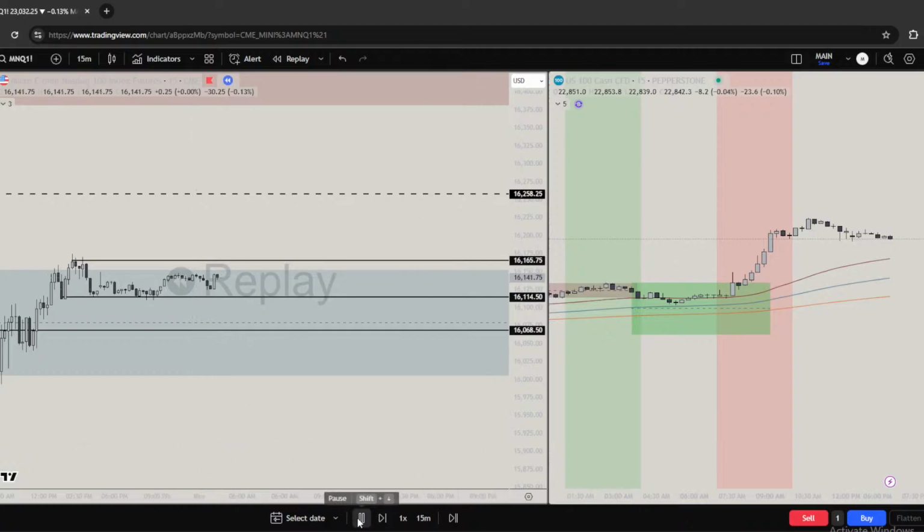Damn, this flattened out, didn't it? Looking for some support here at this order block.